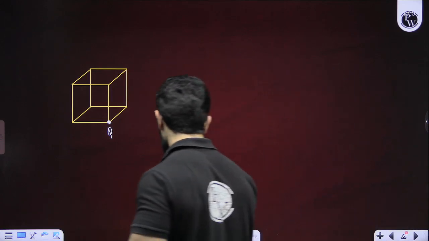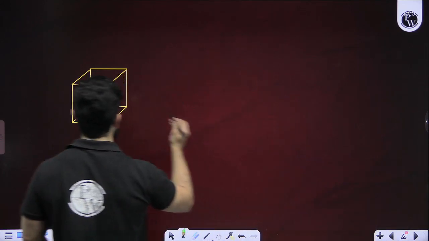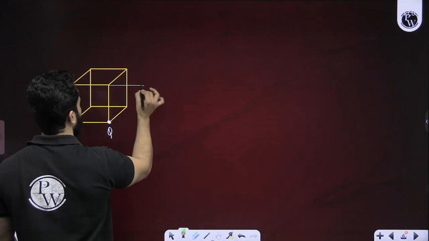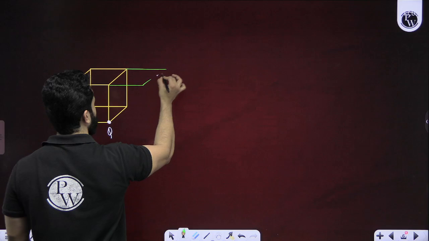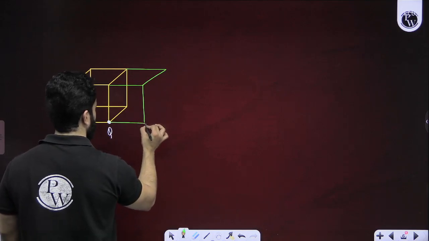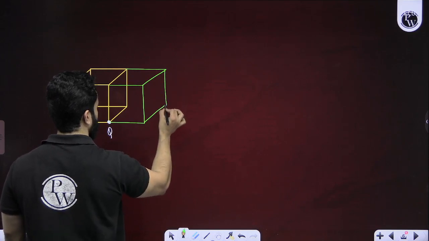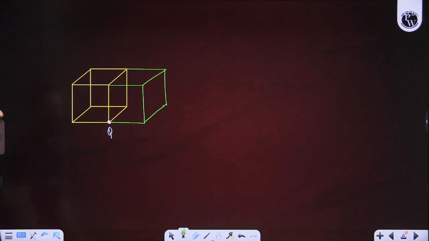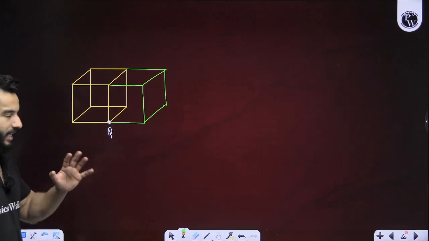So now what we are going to do is draw some cubes. We are going to draw one cube beside this. Right? So right now there are two cubes.